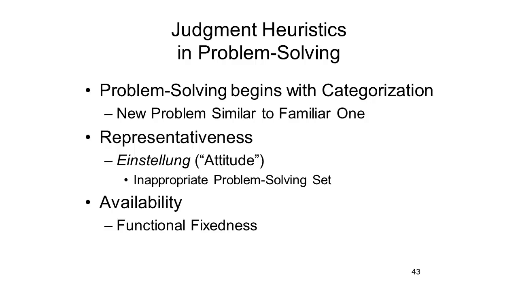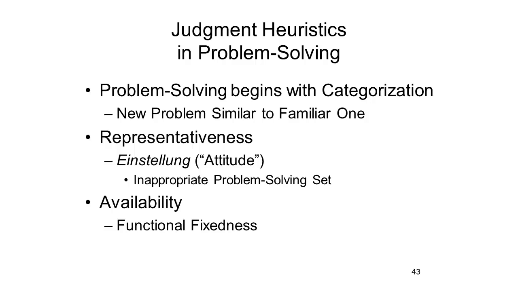Of course, the problem solver first has to understand the problem, and as with perception, understanding a problem requires categorization. The problem solver needs to make a judgment about the similarity between the new problem at hand and other problems that he or she's encountered before and whose solutions are known.